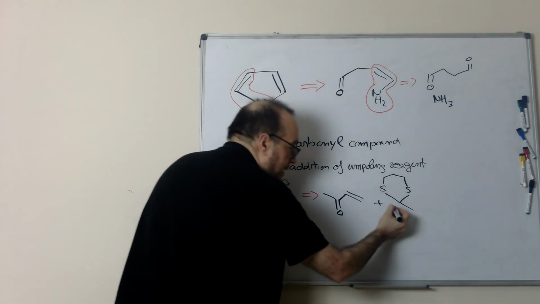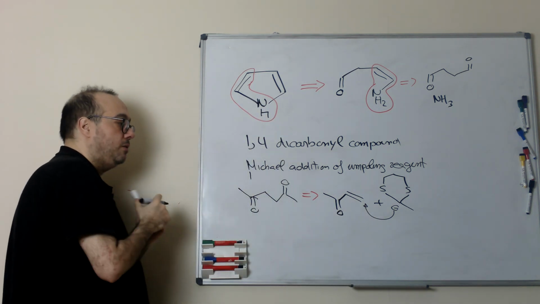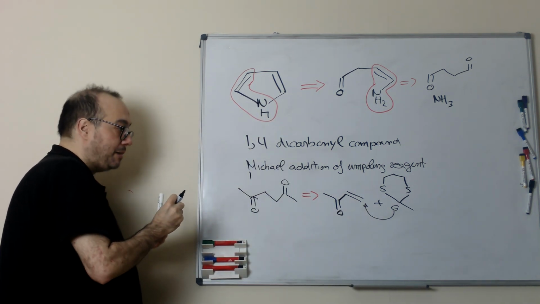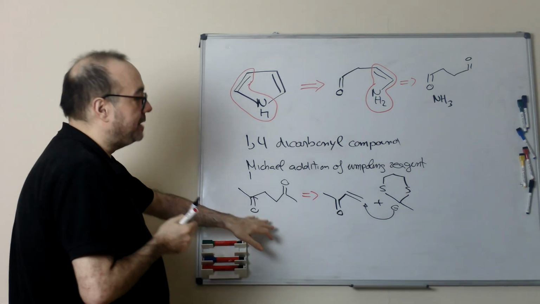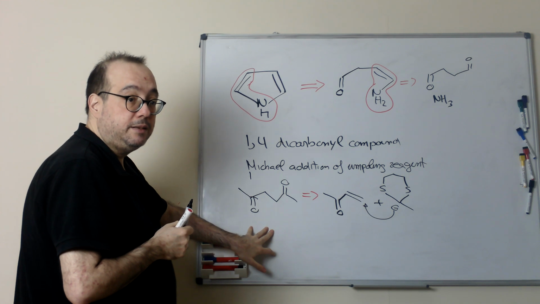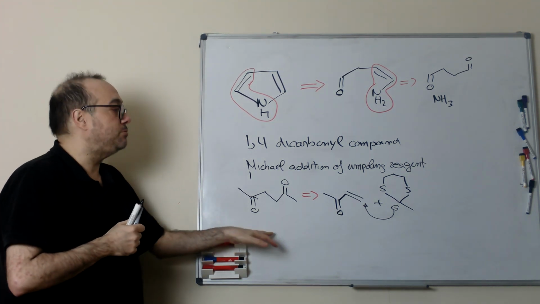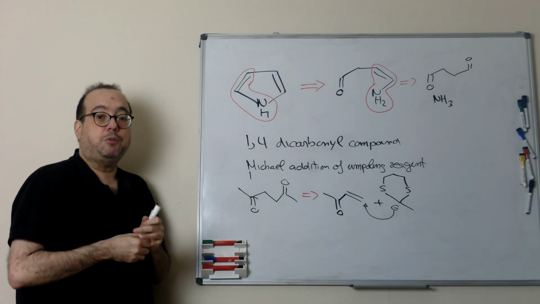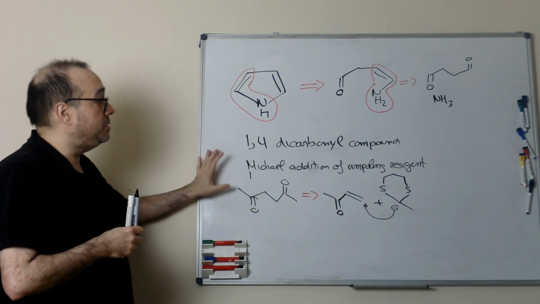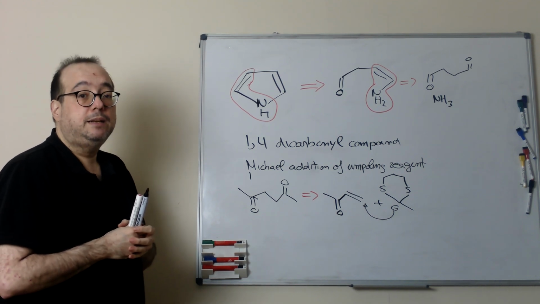We make the anion of the dithiane, and this will attack in a Michael addition. Then we remove the dithiane and put the carbonyl group, and we will get the 1,4 addition. Please remember this because it's very important: how to synthesize 1,4-dicarbonyl compounds, because it's from where we will start to synthesize pyrroles.